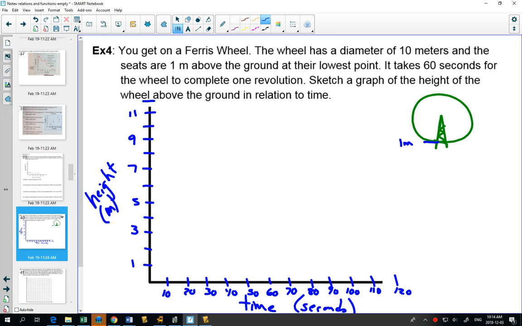It's also probably good not to start up too high, although some places have Ferris wheels really high up, so it's supposed to be scarier. And because the diameter is 10 meters, diameter is all the way across the circle, does it make sense that the highest you'll ever be is 11 meters?